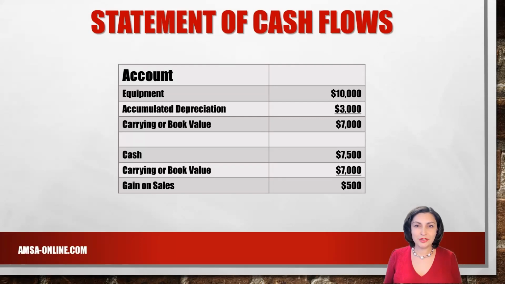A business buys equipment for $10,000 and subsequently records $3,000 of depreciation, resulting in a carrying amount of $7,000. The company then sells the equipment for $7,500, which results in a gain on sale of assets of $500.